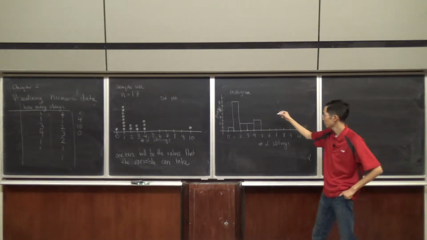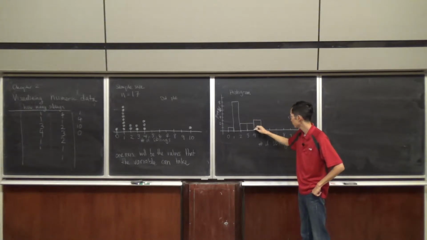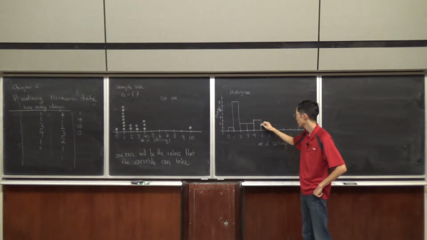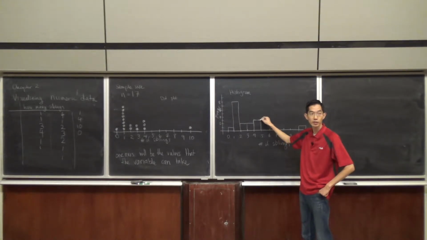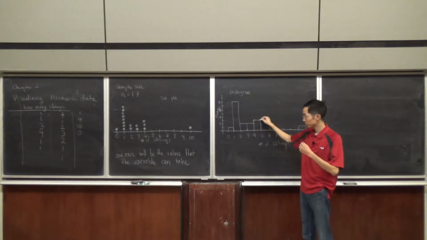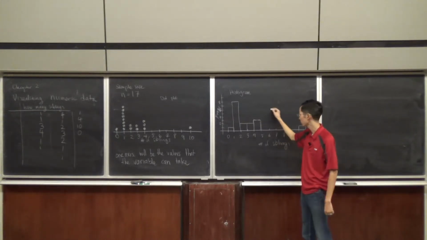So, what does this bar right here represent? What does this tell us? So the bar has a height of 3. And what does that mean? It means that there are 3 people in our data set that have 4 siblings. Okay.